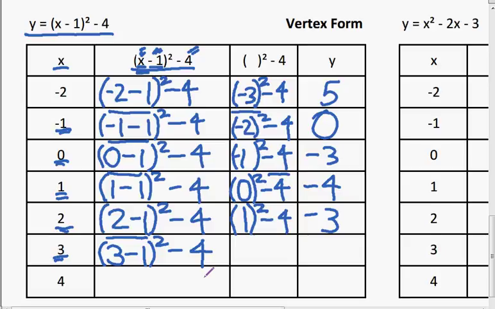Again, PEMDAS says do the parentheses first. 3 minus 1, you hold up 3 fingers, you take away 1, you have 2 fingers left over. 2 squared, and then 2 squared minus 4. Minus 4 hasn't changed. 2 squared means 2 times 2. 2 times 2 is 4.